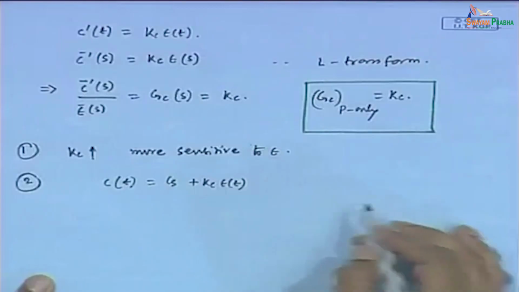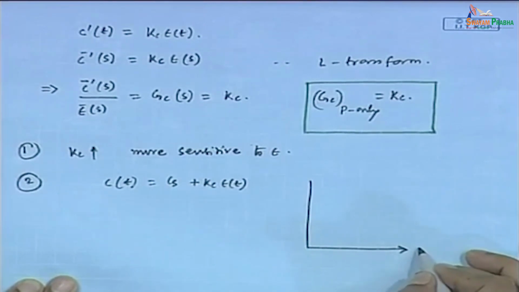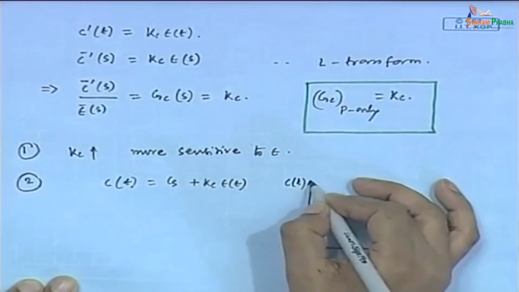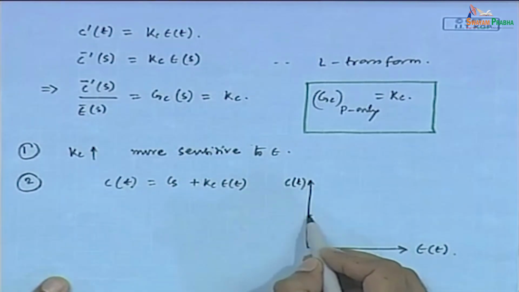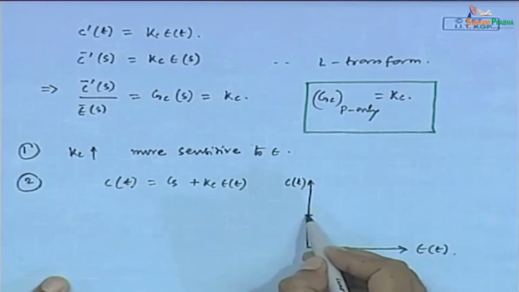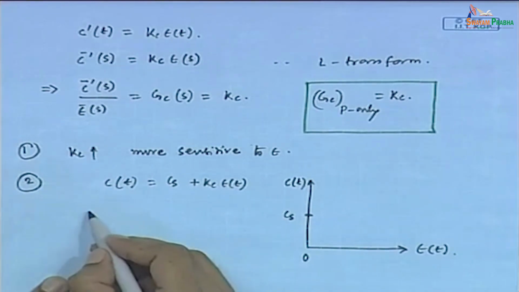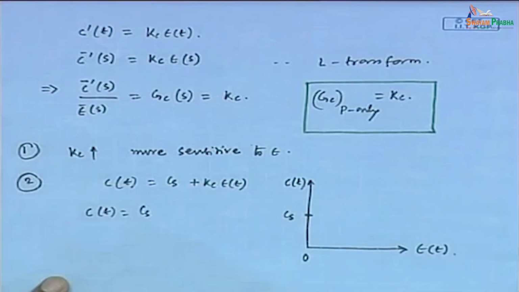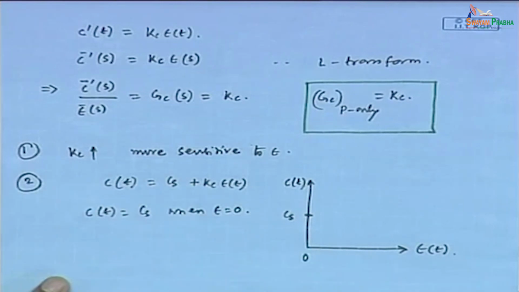Now, if we plot C versus epsilon, we obtain the Cs when epsilon is equal to 0, because we know that C(t) equals Cs when epsilon is equal to 0.